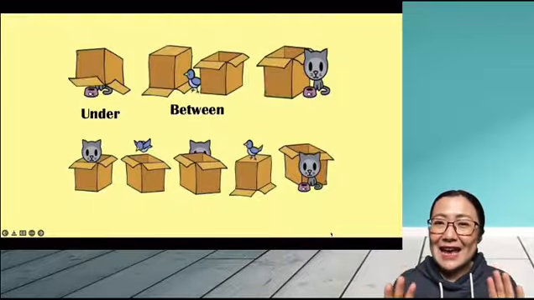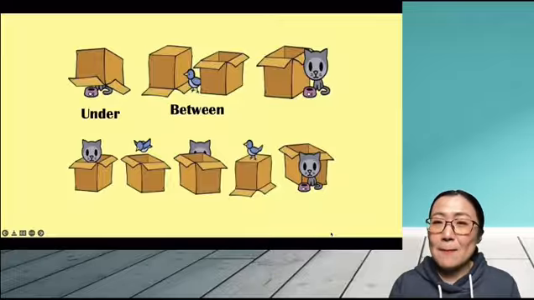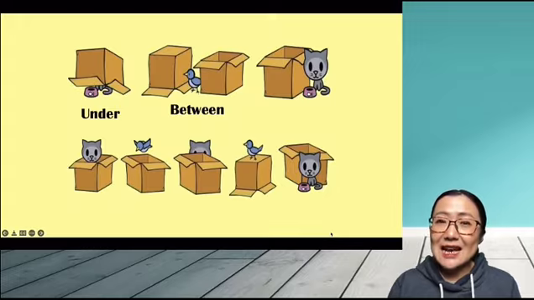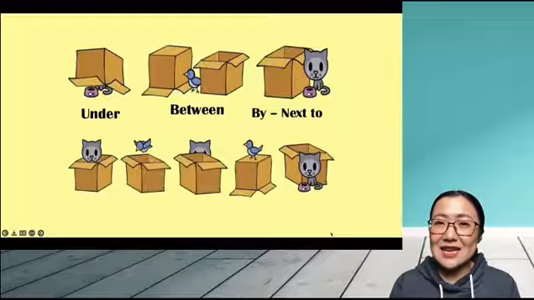All right, and now let's take a look at picture 3. Where is the cat? The cat is next to the box, right? The cat is next to the box. And now let's see the next picture. Where is the cat?